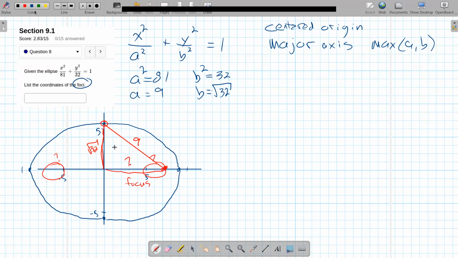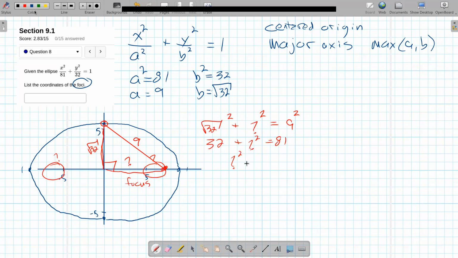So if I just solve the Pythagorean theorem for this setup right here, I'm going to get the coordinates of my focal point. So the legs are square root of 32 squared plus my missing focal value squared is equal to 9 squared. So 32 plus my missing number squared is equal to 81. Subtract that 32 over.